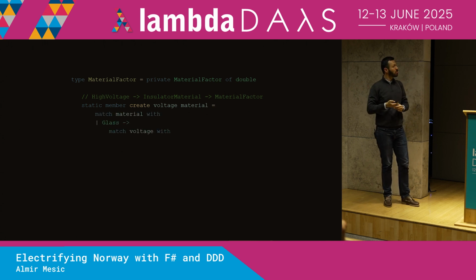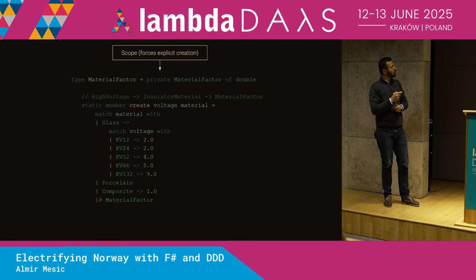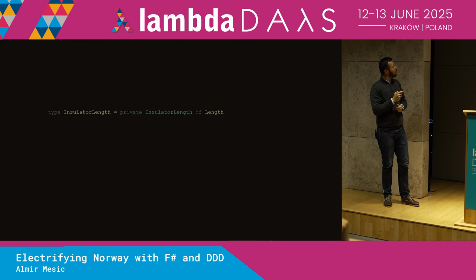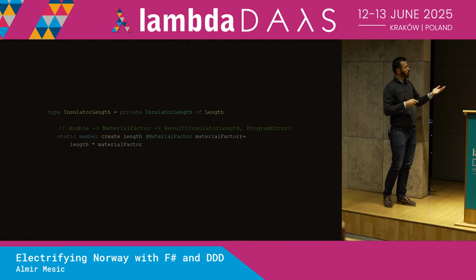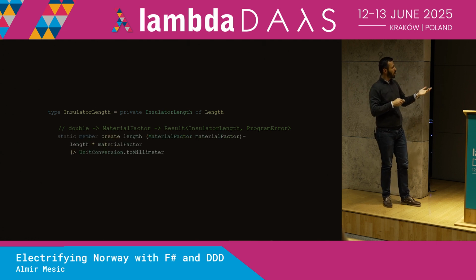We do a pattern match. If it's, for instance, glass of 100 or glass of 66 kilovolts, we know the factor should be 5. So the way this is used is you pass in the length, you pass in the factor, you multiply the factor by the length, we convert it to millimeters, and then we get the insulator length.